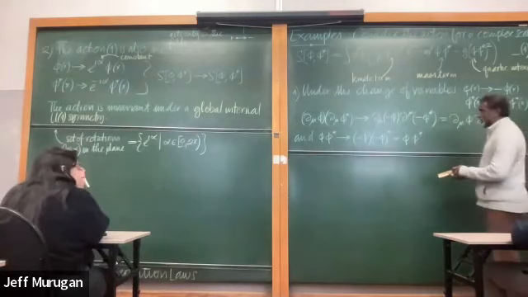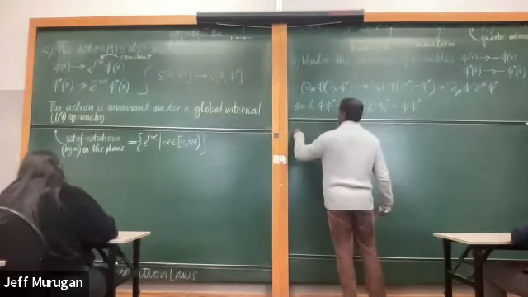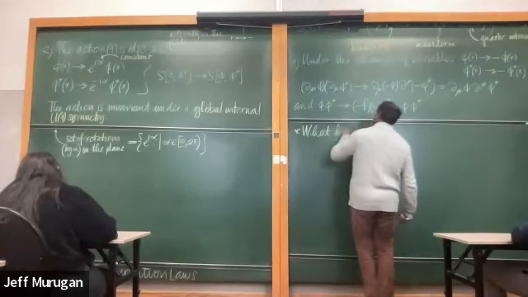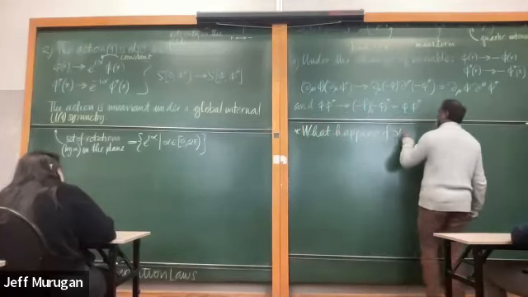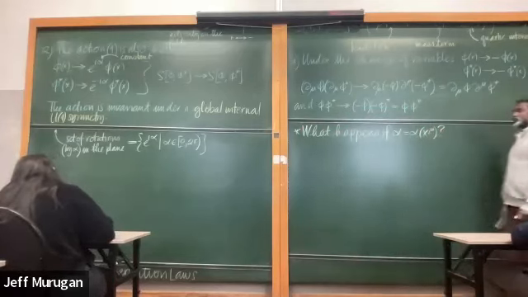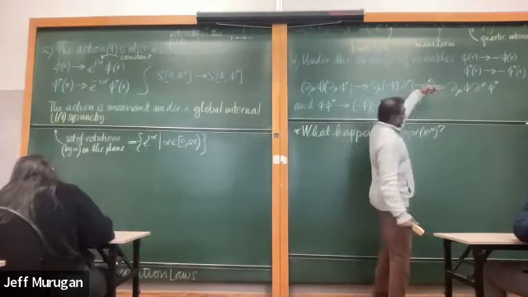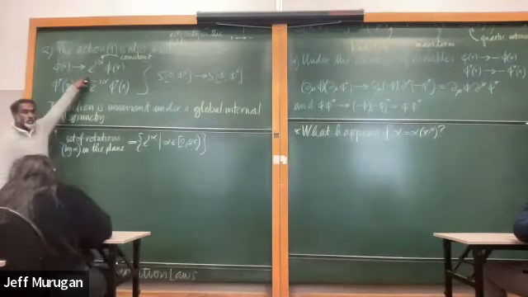So one immediate question you could think about asking at this point is, what happens if alpha is not constant? And in particular, if alpha depends on where in space-time you make this transformation, right? So what I've done here is a phase rotation.